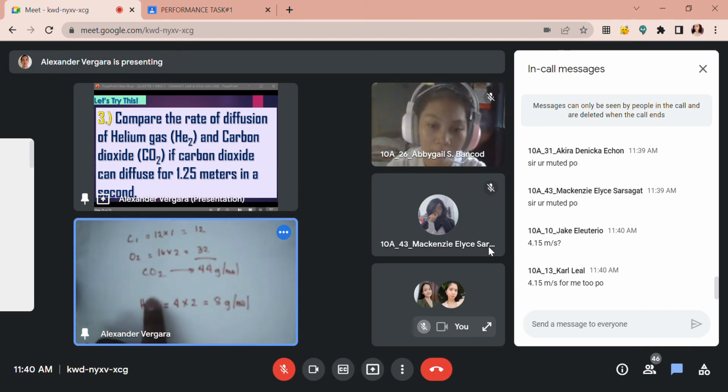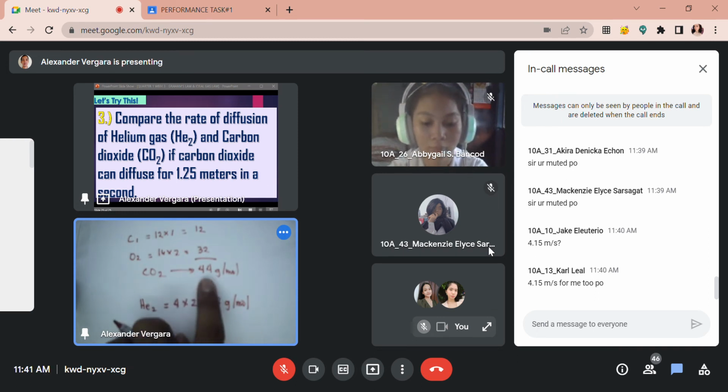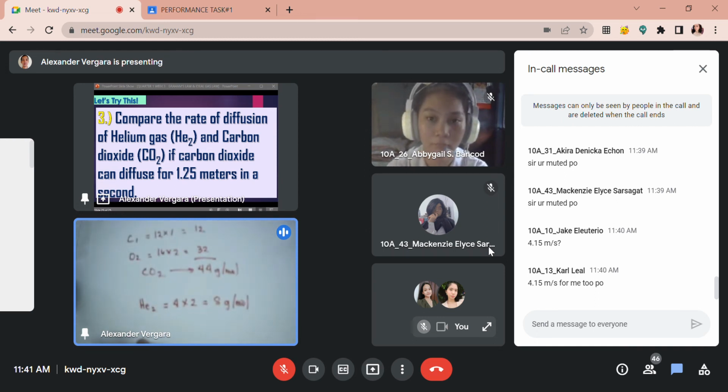As you can see, here you will determine already which is MM1 and MM2. Which is heavier here, the carbon dioxide or the helium? Carbon dioxide is heavier. So this will now be your MM2 and this one will be your MM1.